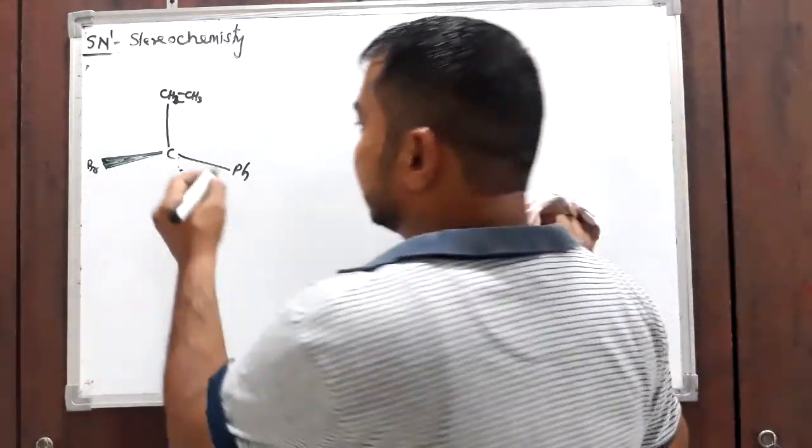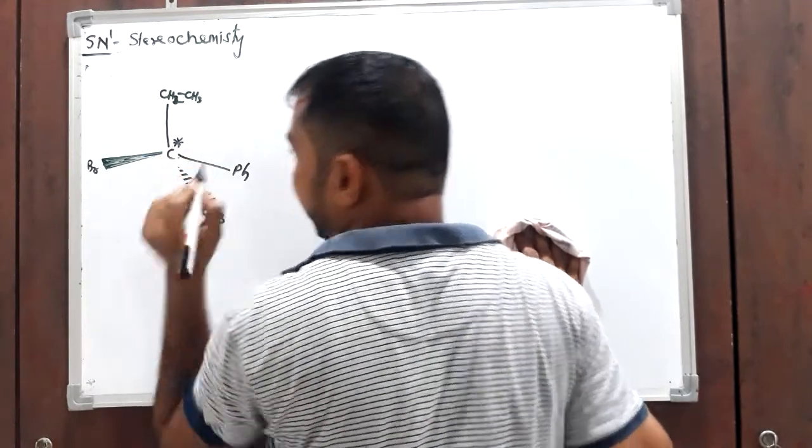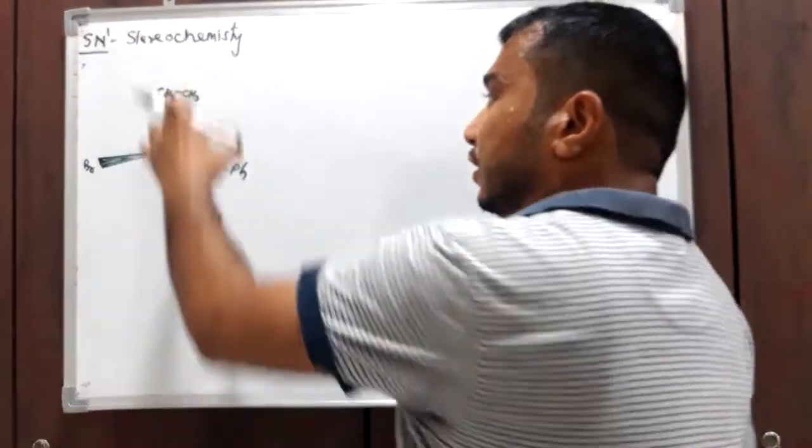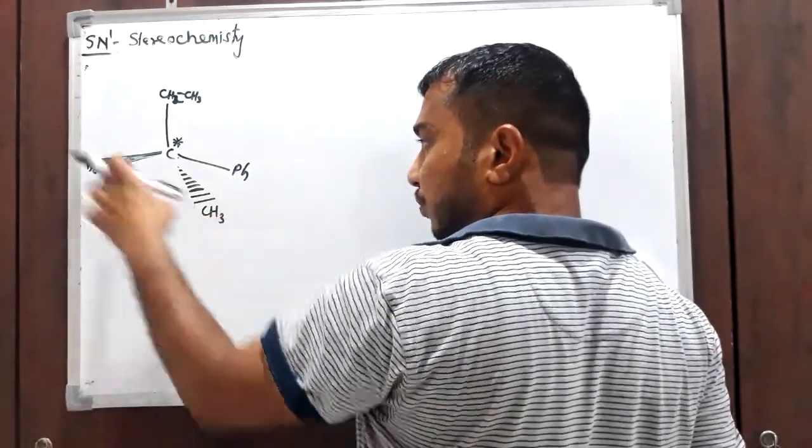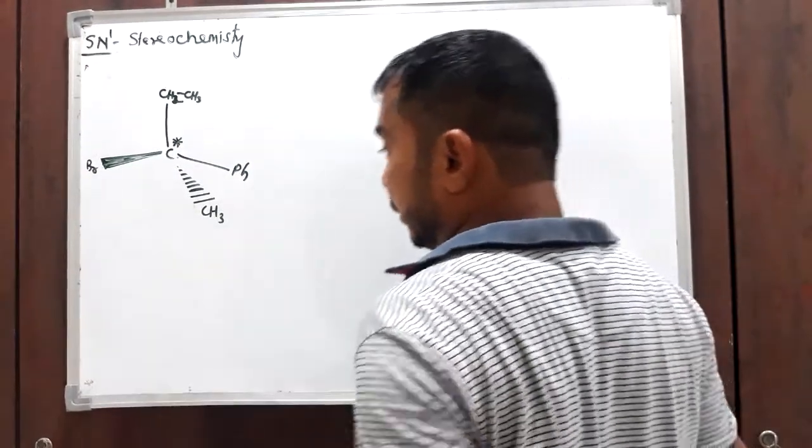In this alkyl halide, this carbon is an asymmetric carbon atom having 4 different groups: ethyl group, phenyl group, methyl group, and bromine. Okay, this is a tertiary alkyl halide.